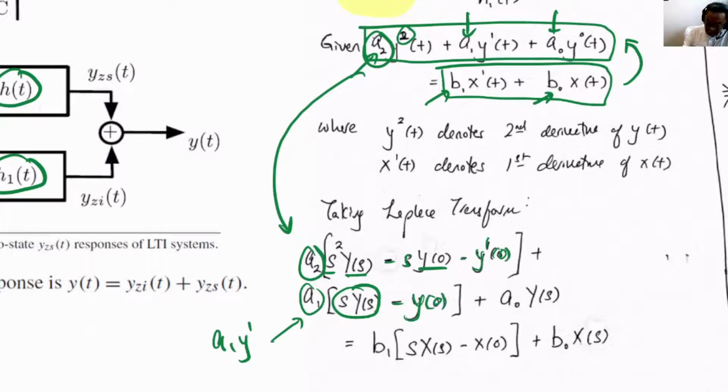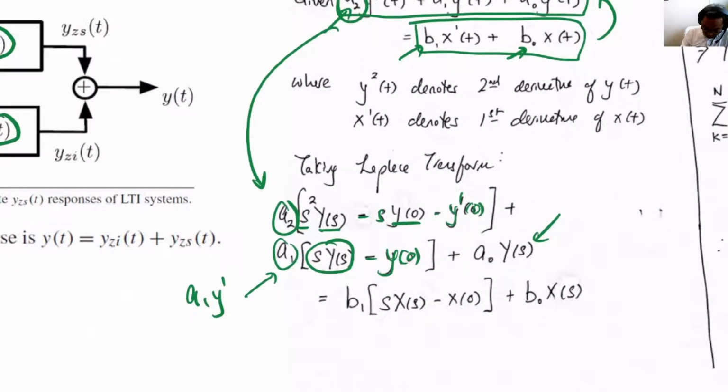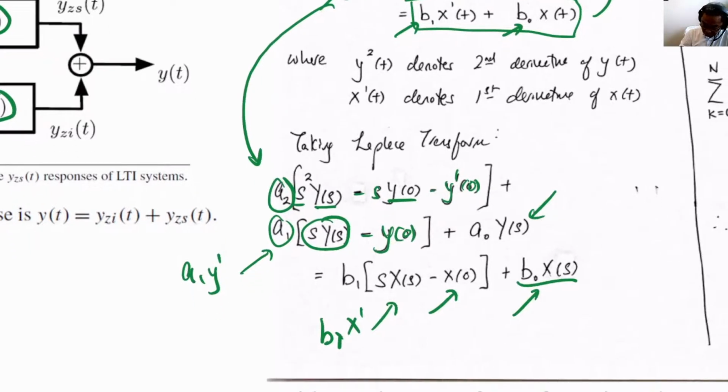And the last one is a0 y, so we have a0 Y of s. Corresponding on the right hand side, we are only first order, so b1 dx/dt becomes b1 s X of s minus the initial condition of x, then we have b0 X of s for the second term.